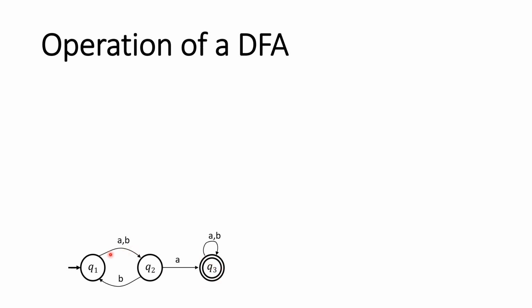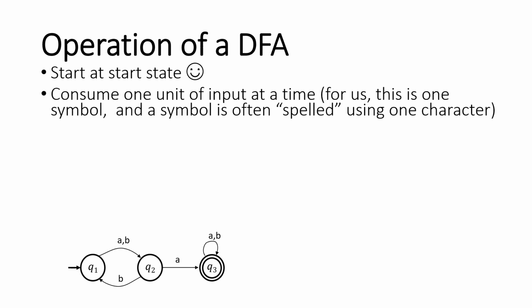I can travel with the letters A and B, so A and B are my alphabet. In the DFA we start at the start state, which in this case is Q1, and we eat one letter or symbol at a time. You have a word and it's taken in character by character.